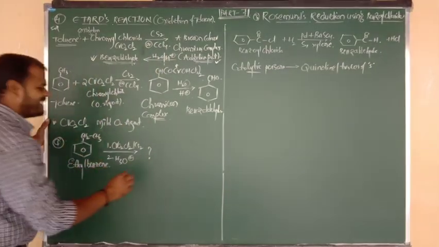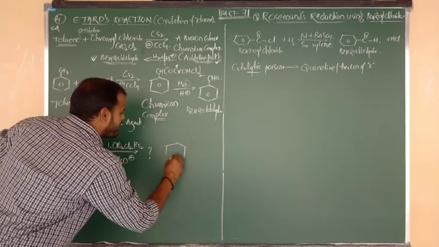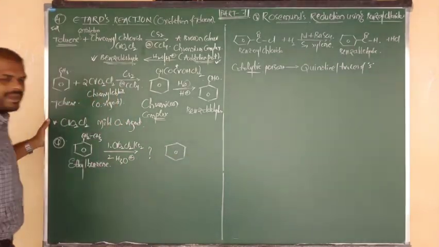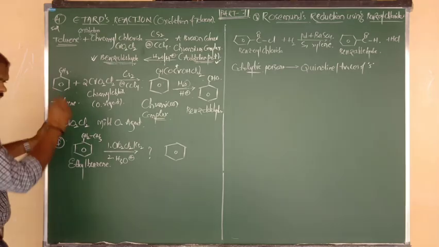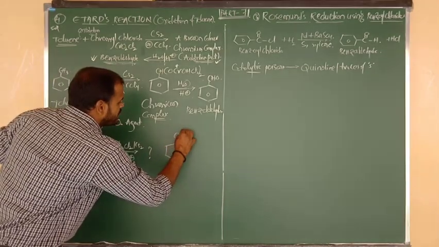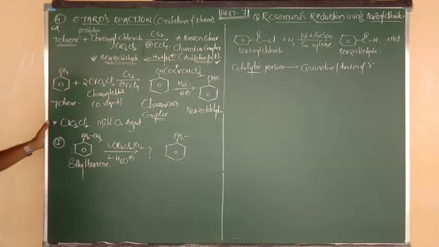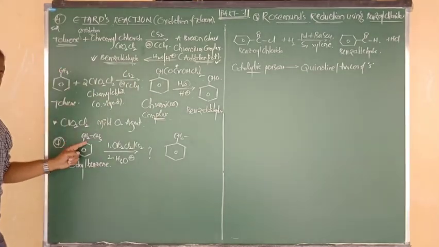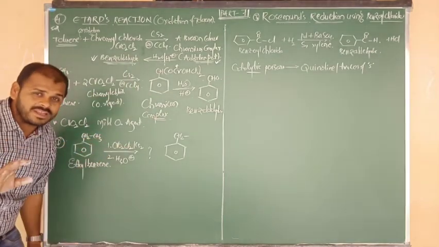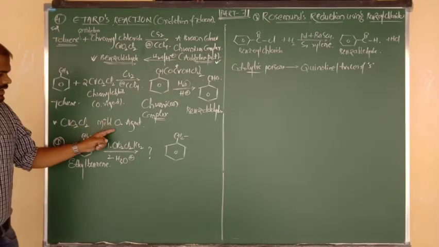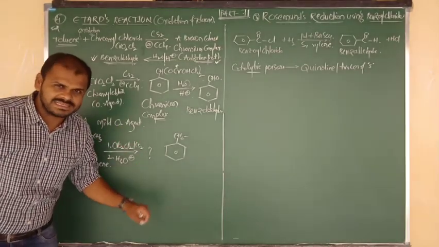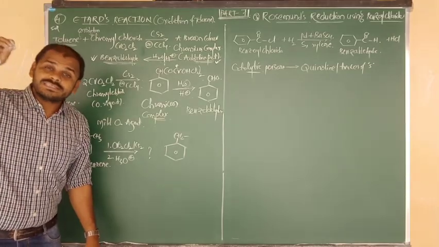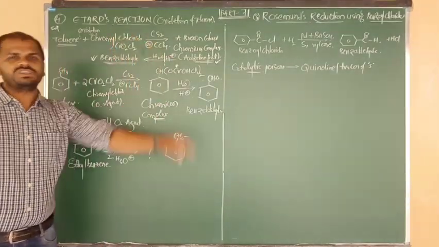Okay, so the answer is the same here also. I am going to write benzene connected to CH2, this group written as it is. But remember one point perfectly: maybe methyl, maybe ethyl, maybe propyl, whatever it may be, CrO2Cl2 is a mild oxidizing agent. It can oxidize only the terminal carbon of the chain.